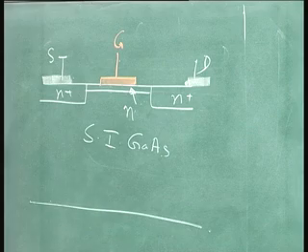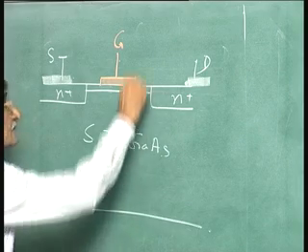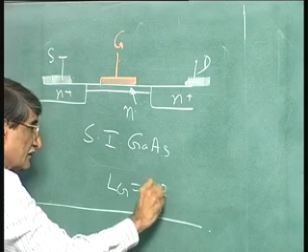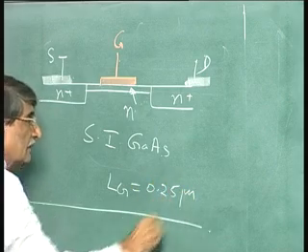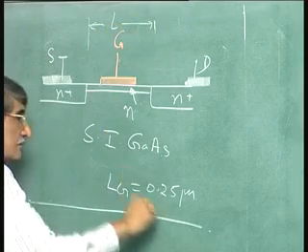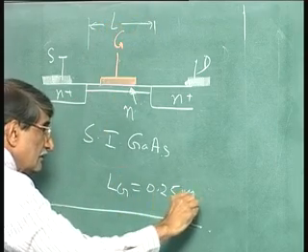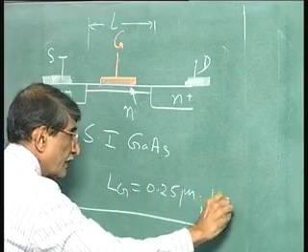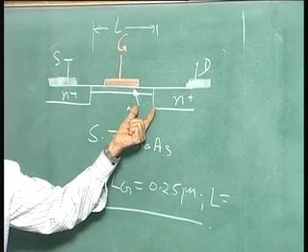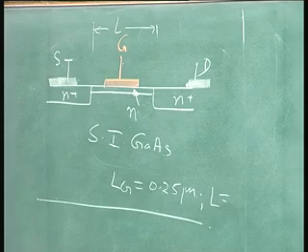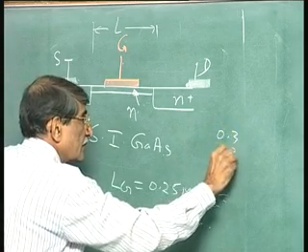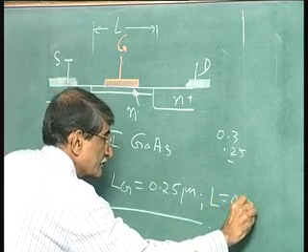Okay. When Lg is equal to 0.25 micron, you have this total length L will be equal to 0.25 plus 0.3 or 0.25 plus 0.15. So, 0.3 plus 0.25, 0.55.